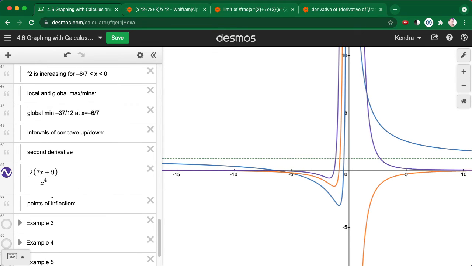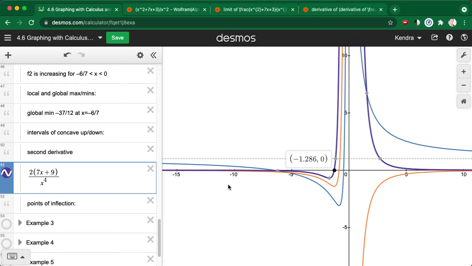Okay. So again, for the second derivative, we only have one root, so there's only one place where the derivative changes sign by crossing the x-axis, and then x equals 0, which is excluded from the domain, is the only other opportunity for the derivative to change sign.